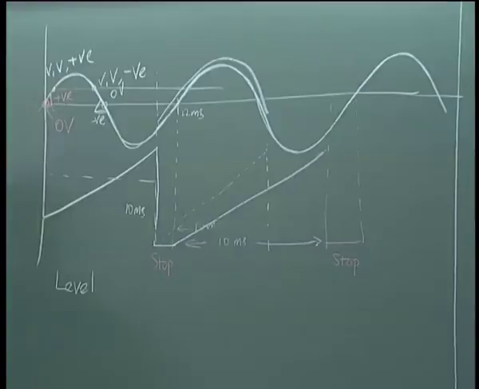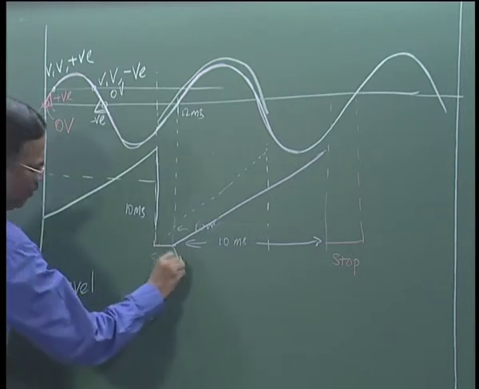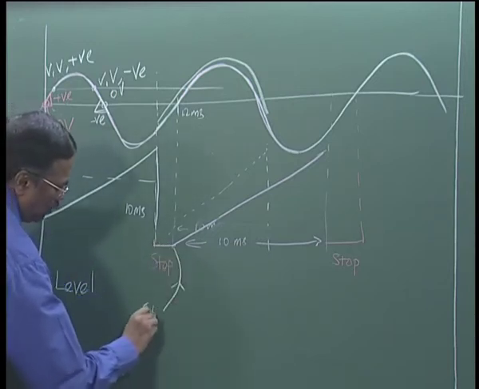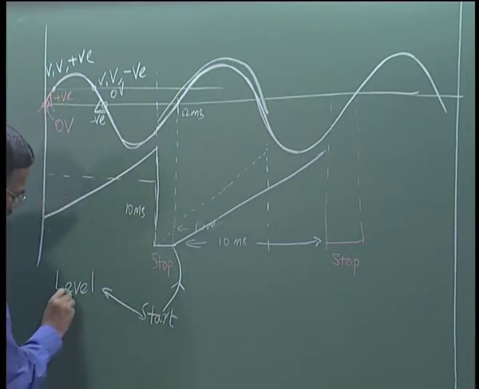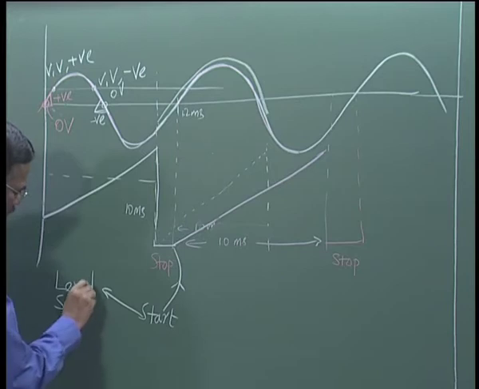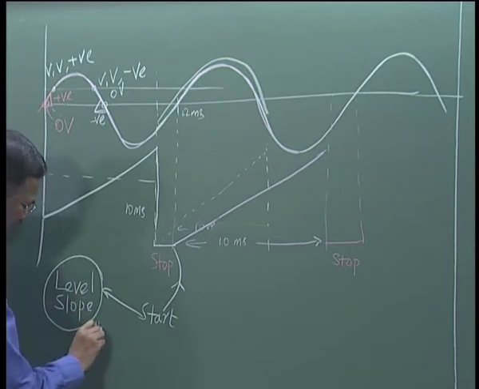So, to uniquely define a point on my signal, I need the level and slope at that point, right. So, the start stop signal, the start signal especially, should be decided by the level and slope on my input.